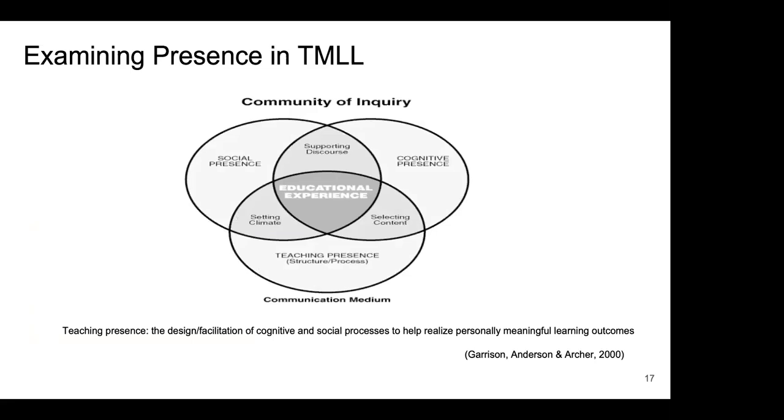The key to these 2 presences is the teaching presence, which is responsible for setting these other 2 up. And that is the design and facilitation of cognitive and social processes to help realize learning outcomes for students in a context.